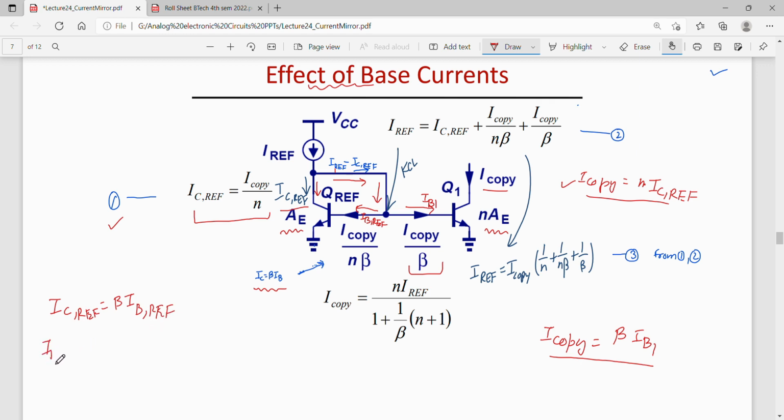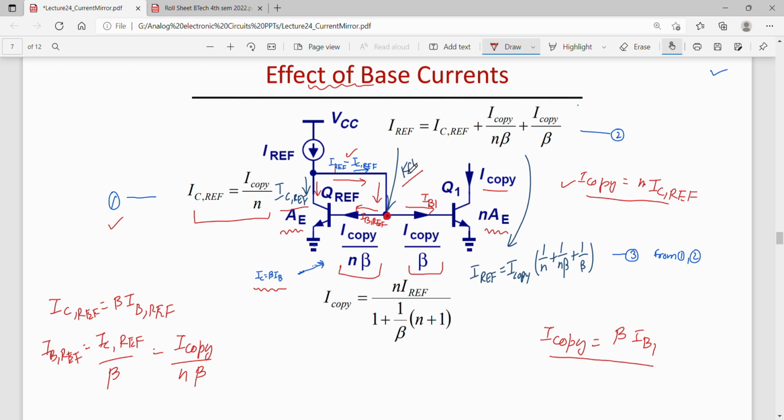Okay, so IB ref would be equal to IC ref by beta, and IC ref is I copy by N. So I put IC ref is I copy by N and beta remains over here. Okay. So IB ref is I copy by N beta. So 3 currents I know now. So one is this one, the other one is I copy by beta, third one is I copy by N beta. Okay.